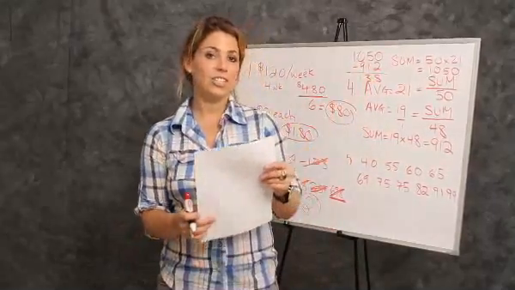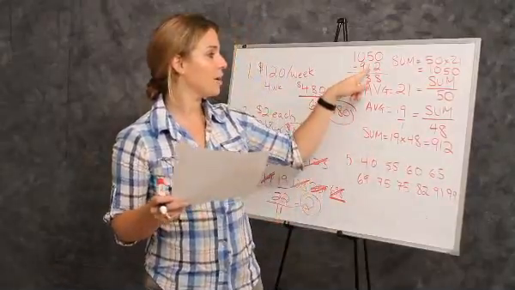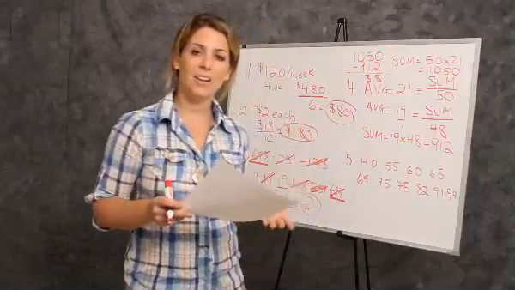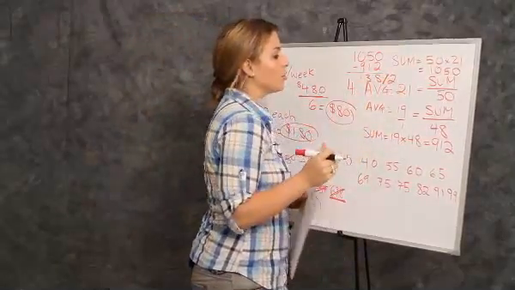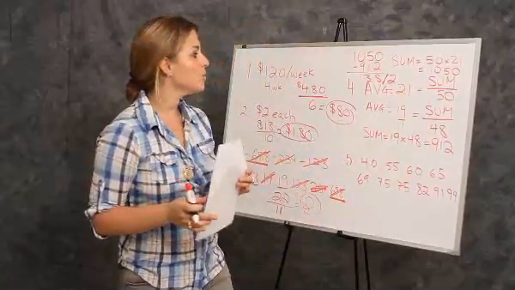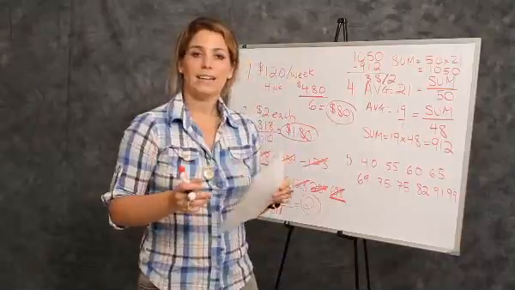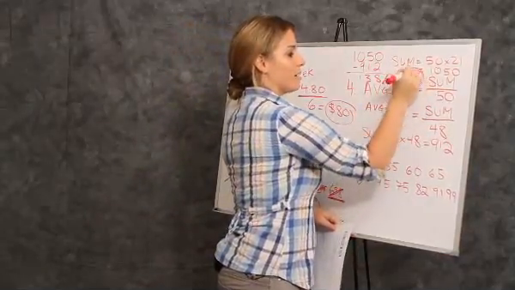And this question is now asking us for the average of these 2 numbers. So if we know that the sum of those numbers is 138, then in order to get the average, all we have to do is divide by 2. And 2 goes into 138 69 times. And that is going to be our average here.